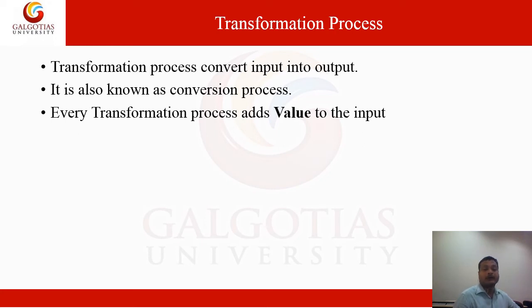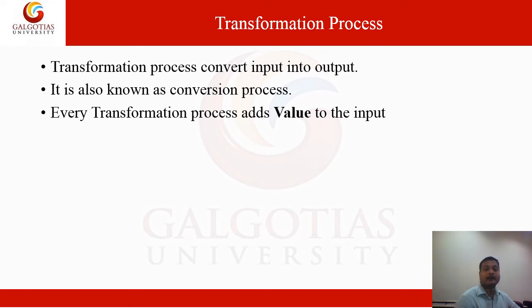So therefore, through transformation, value addition is taking place in the production system. If you consider the same example, in some transformation processes it will take only one input. But there are cases where the transformation process takes more than one input at a time. If you consider a second example, a car assembly, you can see there are many inputs.